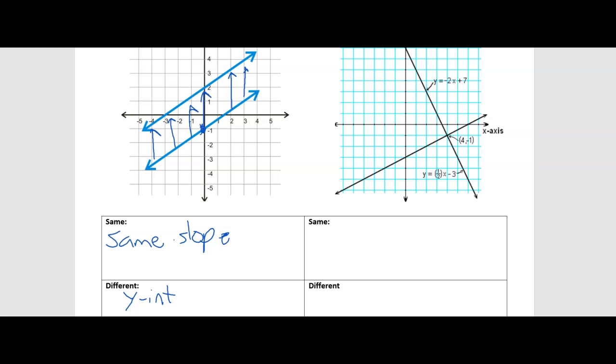Perpendicular lines, well, there's not too much the same about them, right? It doesn't really seem like they have many things in common, except they both share one point. So both lines share a single point.